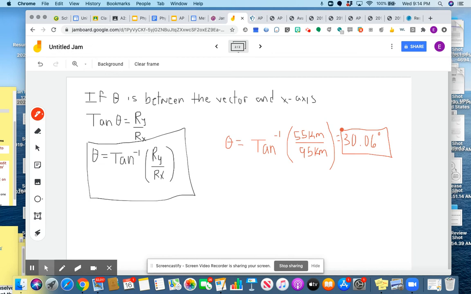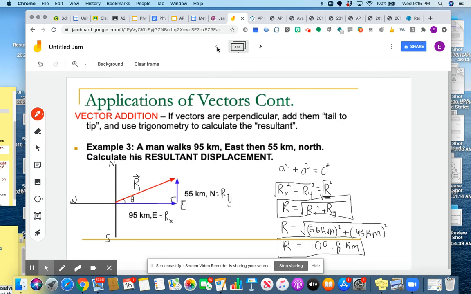Okay, great. So we have the magnitude, we have the angle. Last step is to label the direction. So if you think about this here, we start at the origin, right? From due east, the person would need to go north.